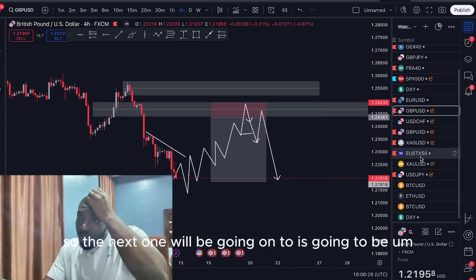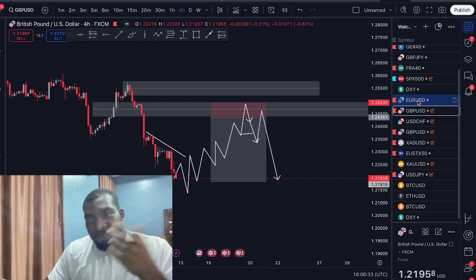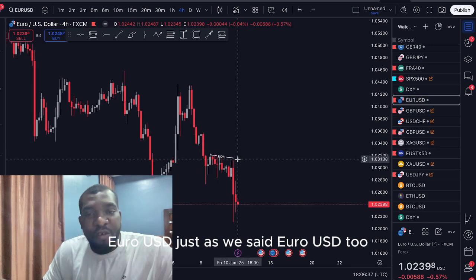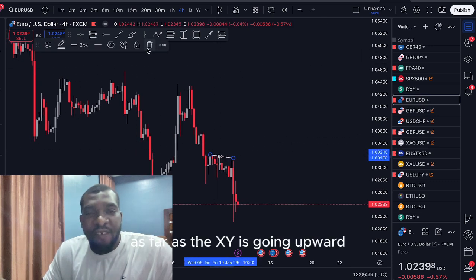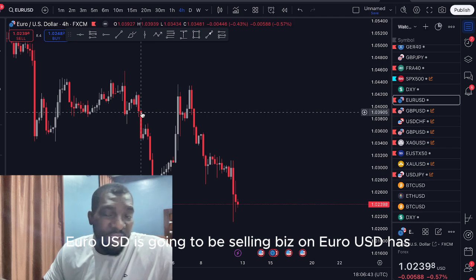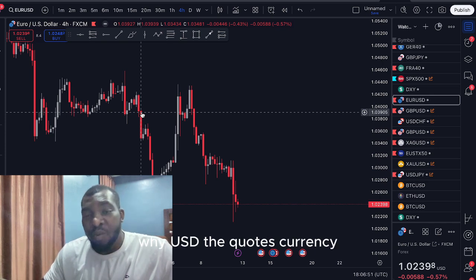So the next one we'll be going on to is EURUSD. Just as we said, as far as DXY is going upward, EURUSD is going to be selling, since EUR is the base currency while USD is the quote currency.